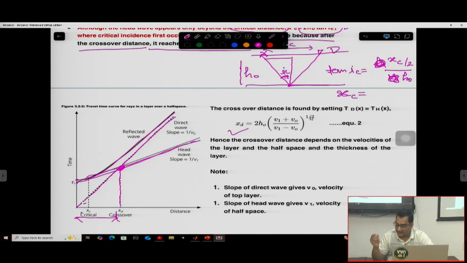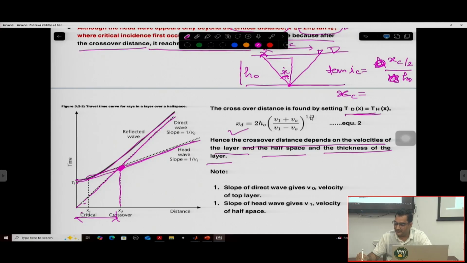So that is the point where the times are equal. Then when you solve, xd will be equal to 2h0 times (v1 plus v0) divided by (v1 minus v0). Hence the crossover distance depends upon the velocity of the layer and the half space and the thickness of the layer.